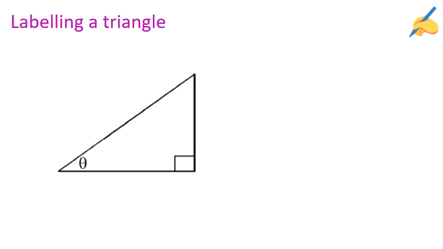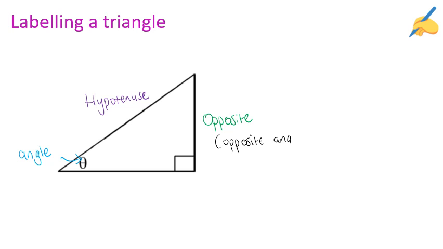I'm going to show you how to label the whole triangle. So we already know this is the hypotenuse. This little symbol down here, this is an angle. We call the side opposite that angle the opposite side. So that's because it is opposite the angle.